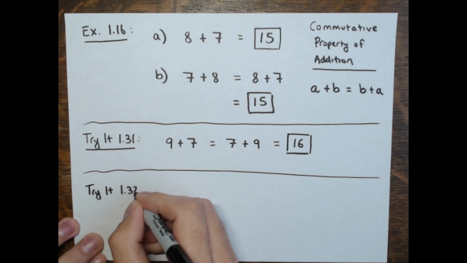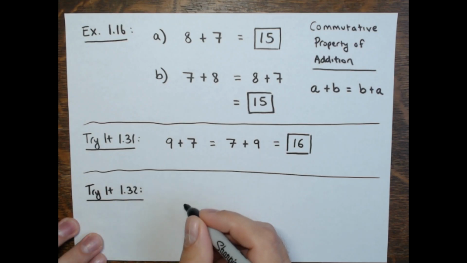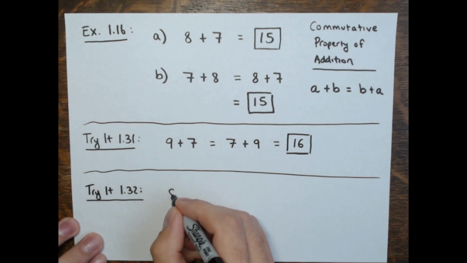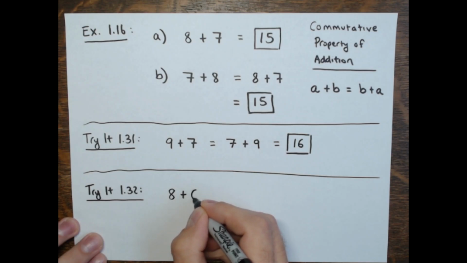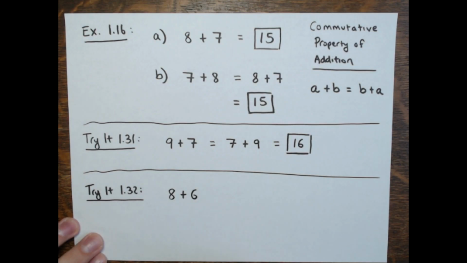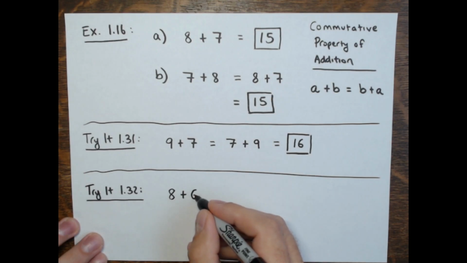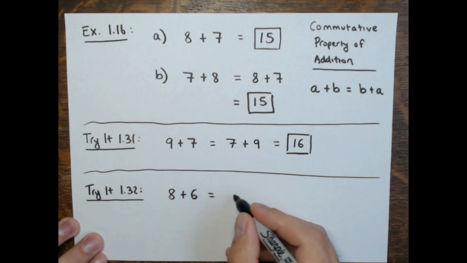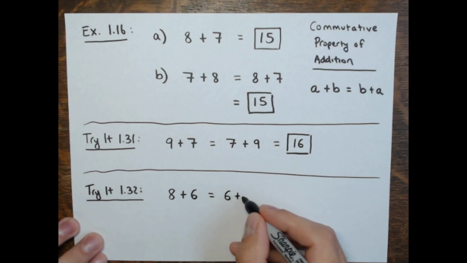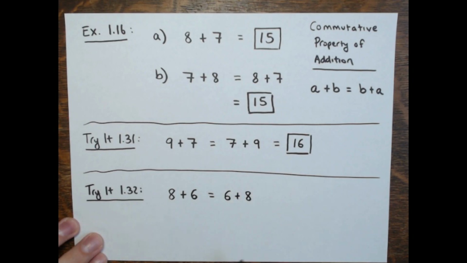Try it 1.32. We're asked to add 8 plus 6 and 6 plus 8. But those have the same addends, just in the reverse order. So they should be the same, and they are the same. 8 and 6 is the same as 6 and 8.